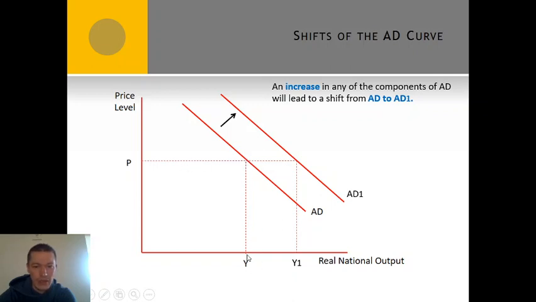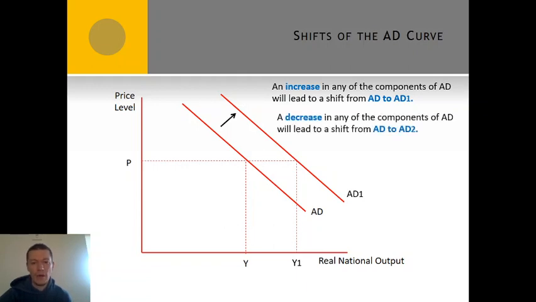And then you've got your real national output 1. Because people in Britain are increasing their consumption, because firms are making investments that are paying off, maybe we've got new technology, the PPF's expanding perhaps, we can push our AD out to AD1. When Britain as a society wants to consume more, consumption goes up, we shift AD to AD1, and that will increase real national output.